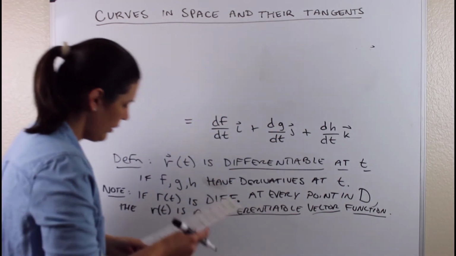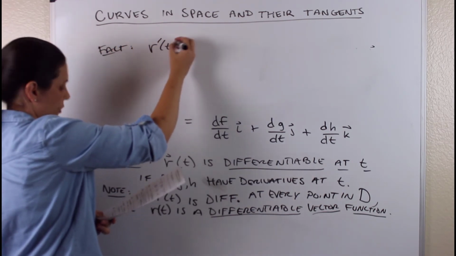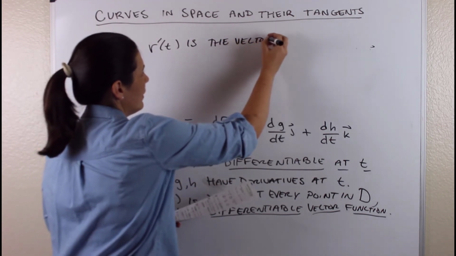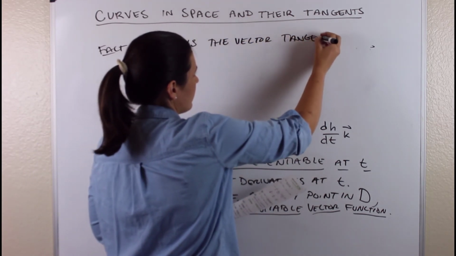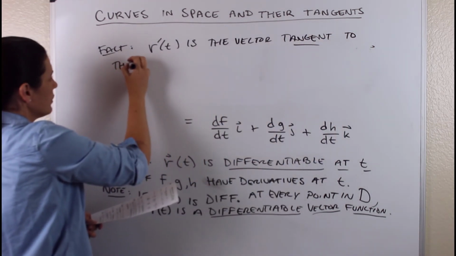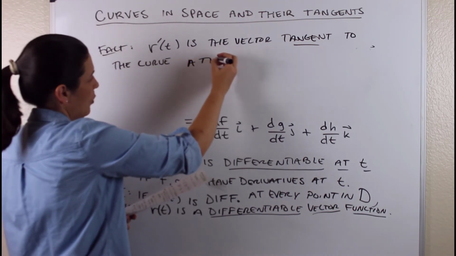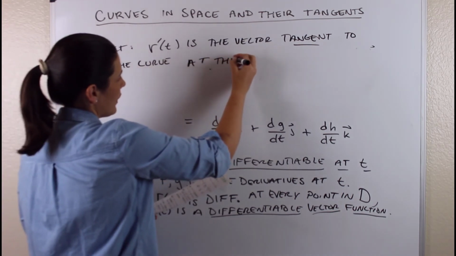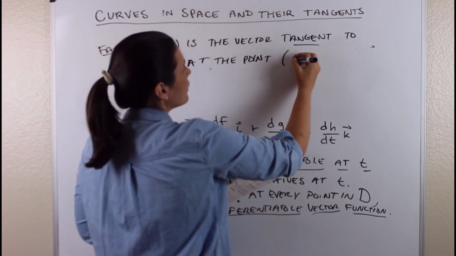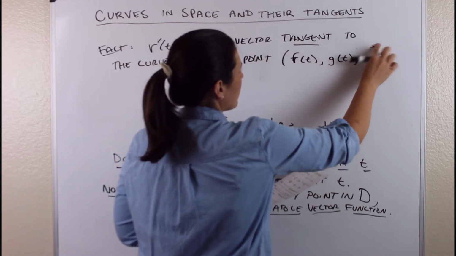Fact: the derivative r prime of t is the vector tangent to the curve, and this is going to be at the point f of t, g of t, h of t.